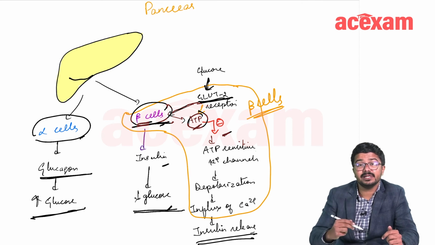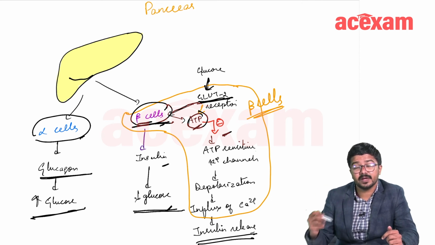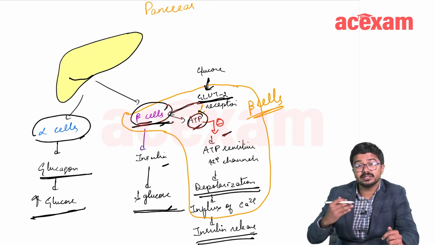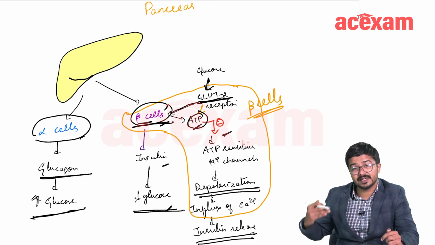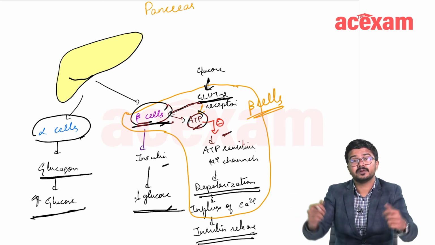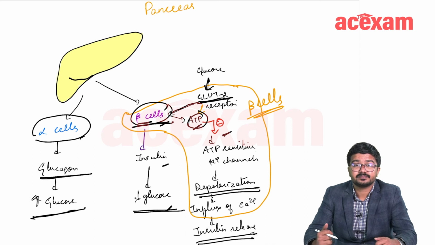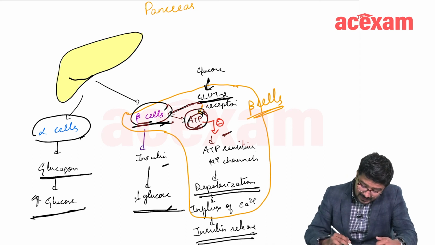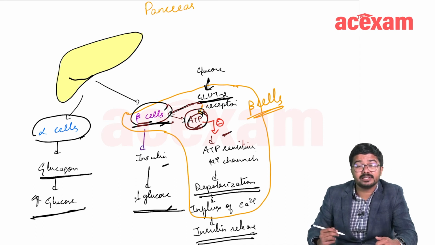Now this ATP causes inhibition of the ATP sensitive potassium channel to cause depolarization. This depolarization is responsible for the influx of calcium, and then it causes release of insulin, right?